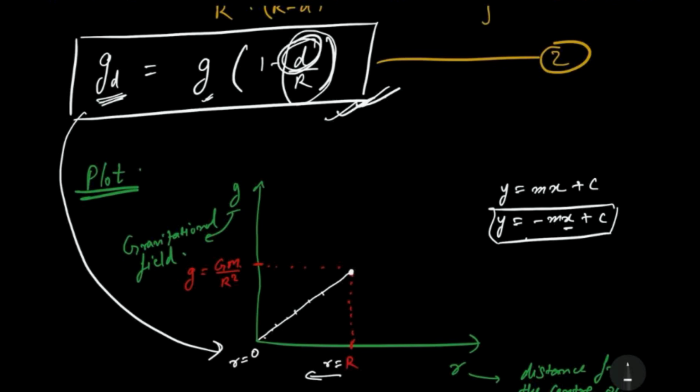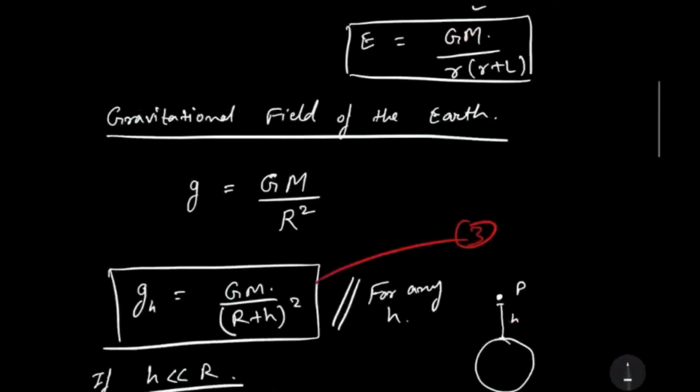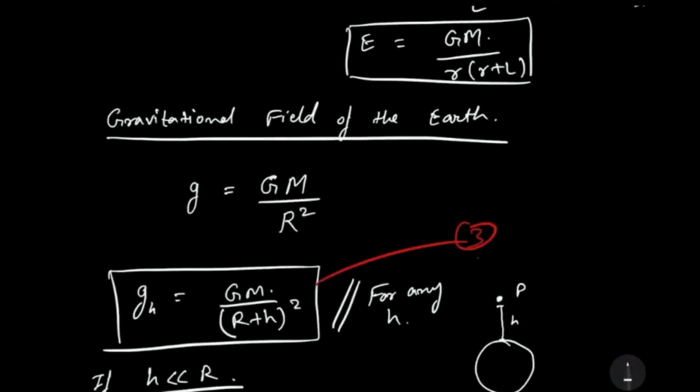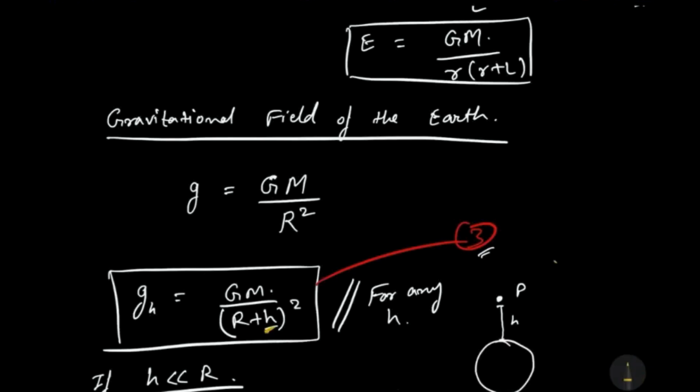And what would happen then after this? After this, it is decreasing. And how is it decreasing? According to equation 3. Now tell me, if we are increasing h, if you're going away, then the g value is dipping, right? Is it a linear decrease, quadratic decrease, or cubic decrease? What kind of decrease do you see?